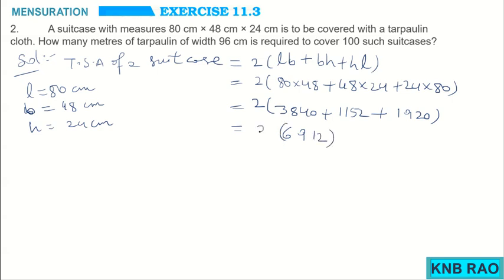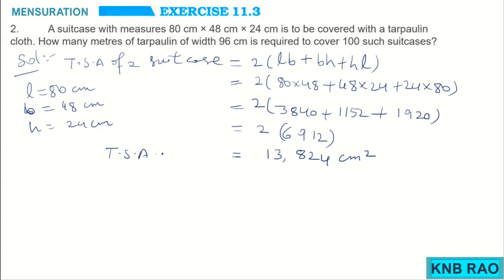Multiplying by 2 gives the total surface area of one suitcase as 13,824 centimeter square.